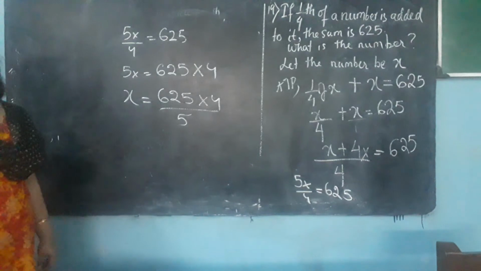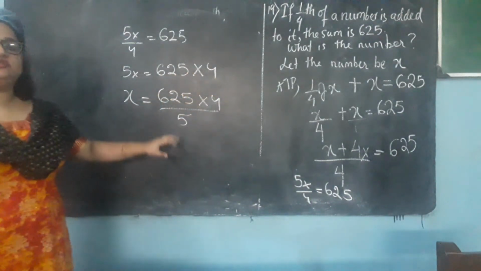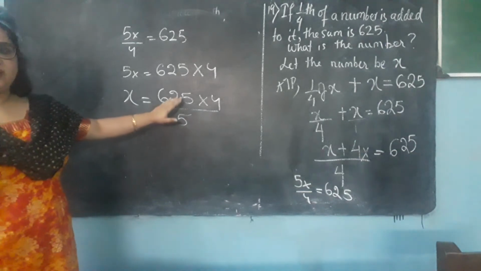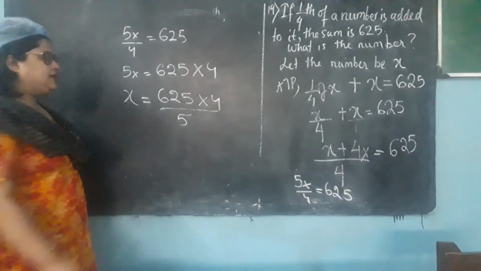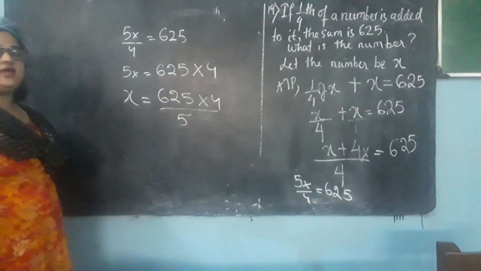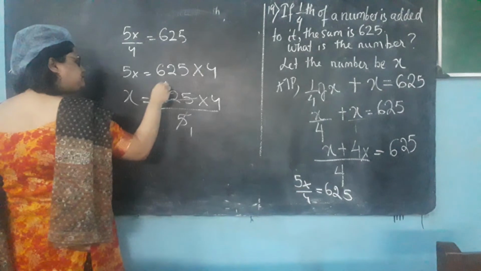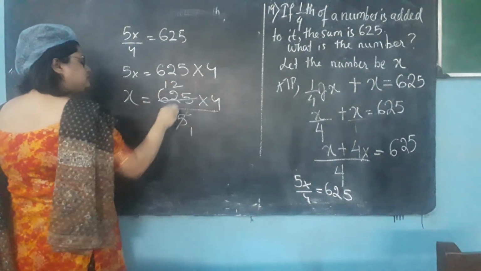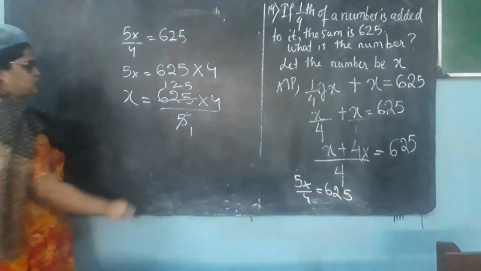Now that is why I said no need to multiply. You can or cannot, because when I divide with 5 and if I don't multiply and keep it the same, then 5 and 625 can be cancelled. So 5 ones are 5, and 125 is a 625.